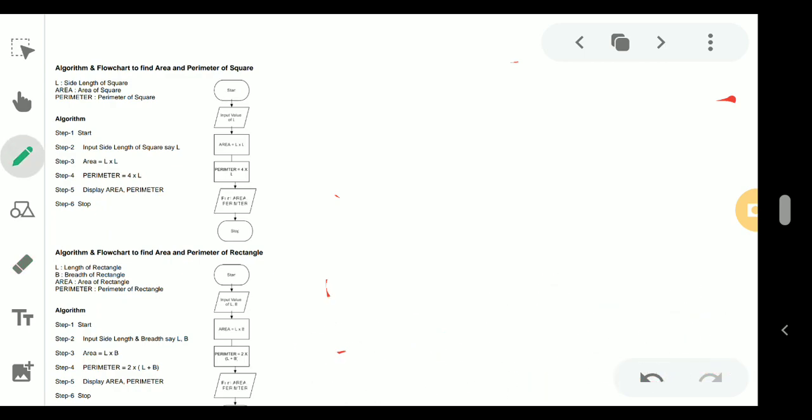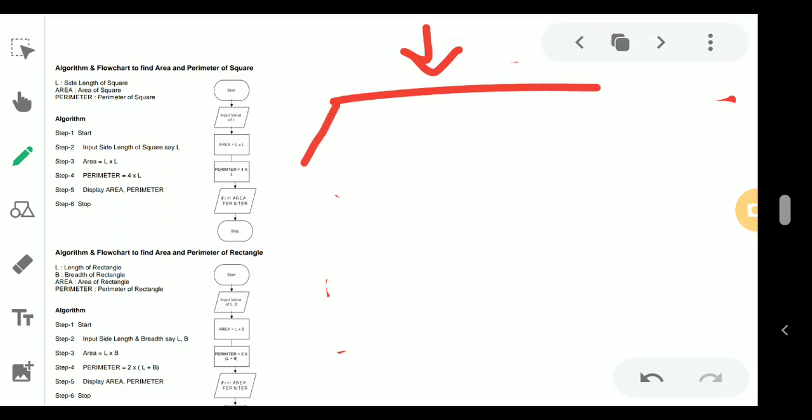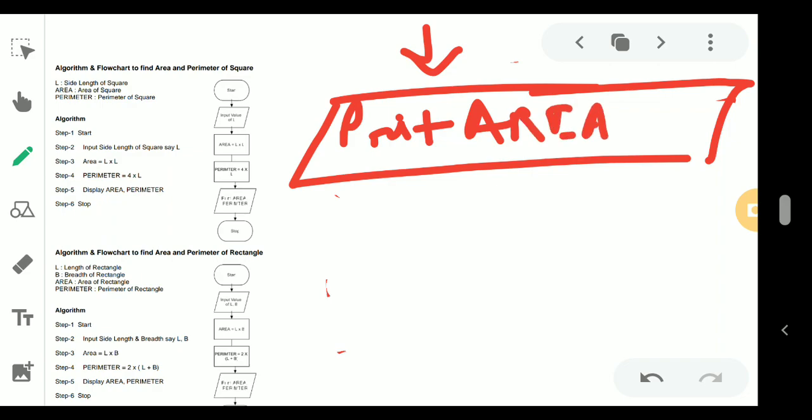We need to print the variables, so I give a continuation symbol, and we print using a parallelogram. Print area comma perimeter. And next we just do stop.